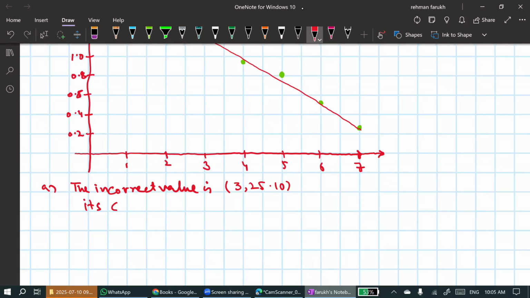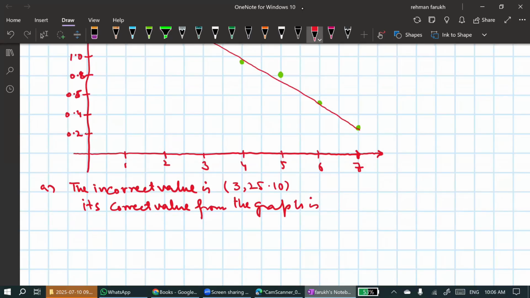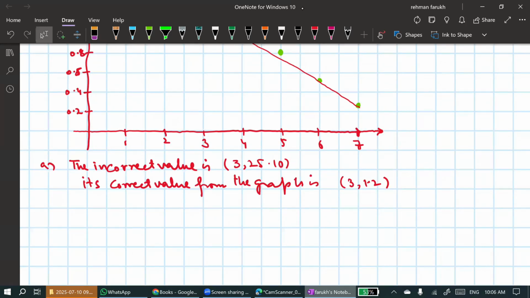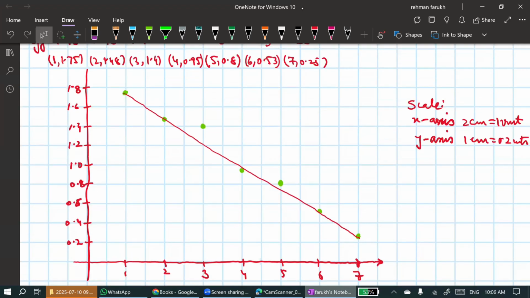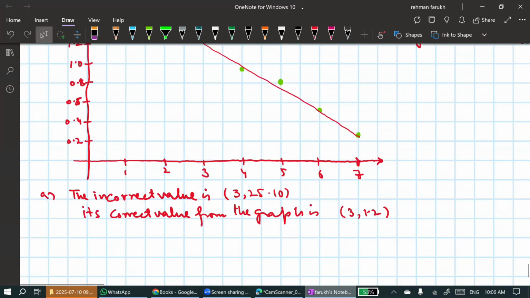Its correct value from the graph is 3 and 1.2. Now, in terms of x and y, 1.2 is the value of LGY.